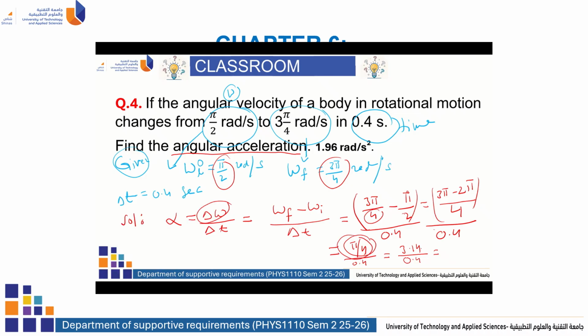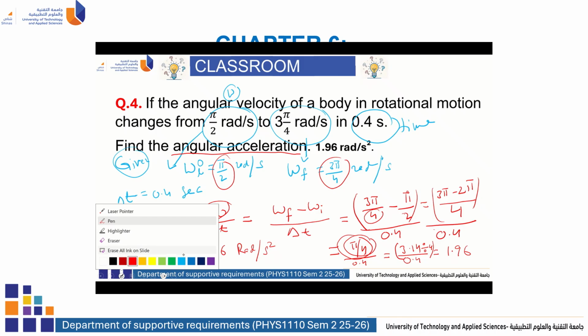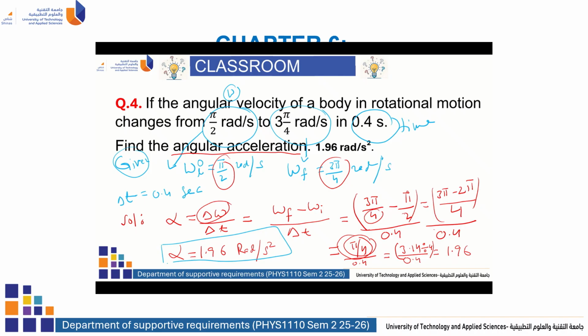So this is 3.14 divided by 4, like this. If I solve everything, it will come to 1.96. So the value of the angular acceleration, alpha, is equal to 1.96, with the unit of radian per second square. So this is the answer for alpha.